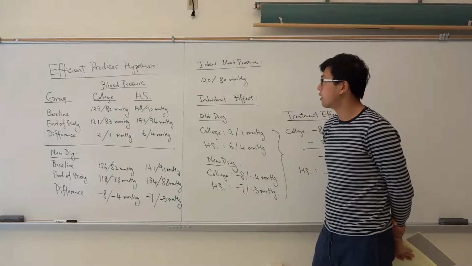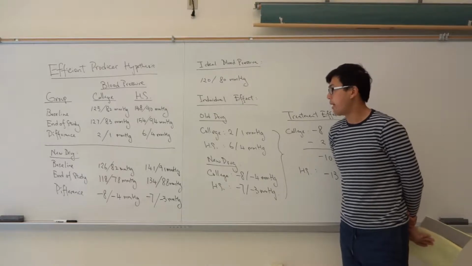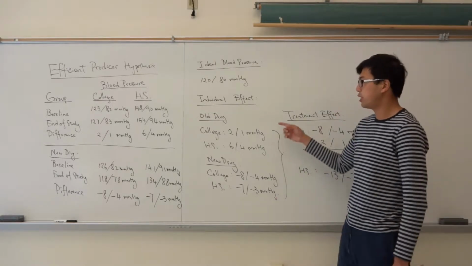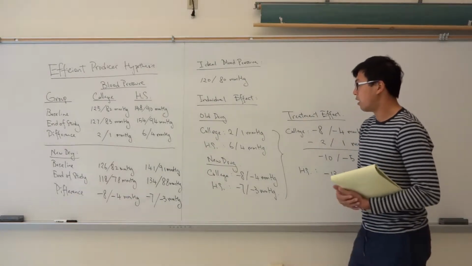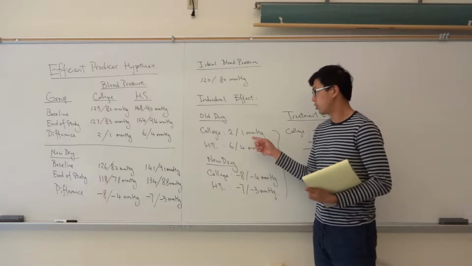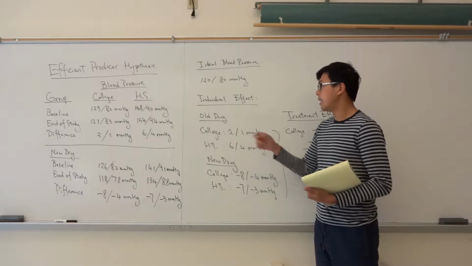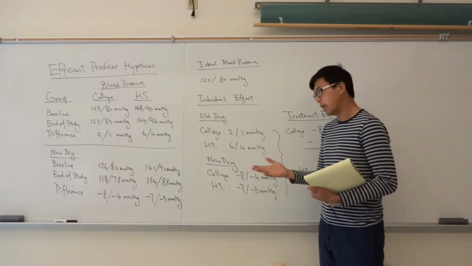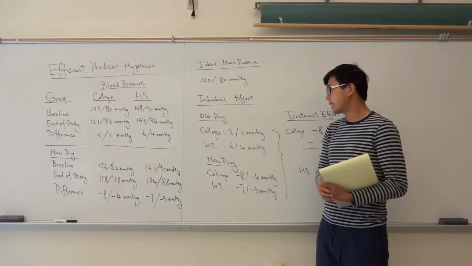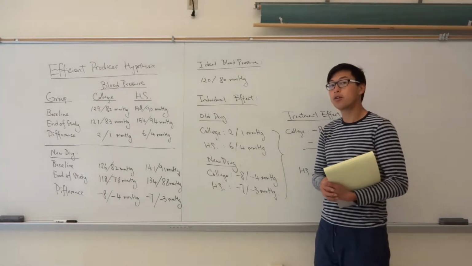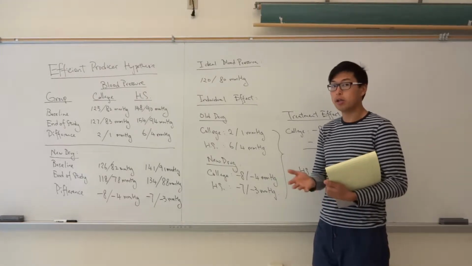Well, we can first take a look at the individual effects. Comparing the two drugs in the study, the college students taking the old drugs have their high blood pressure problem get worse, but not as much as the high school graduates. So the high school graduate population taking the old conventional drugs is actually getting hurt by them.